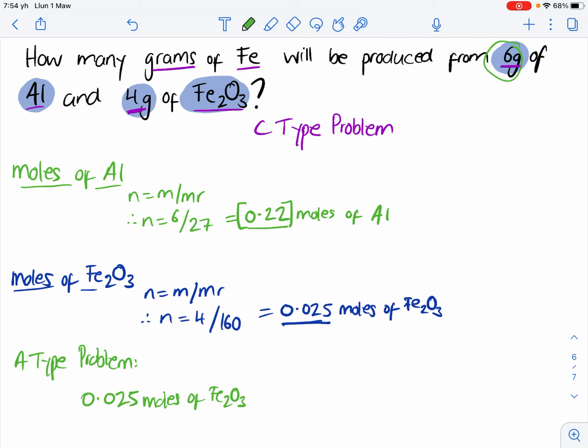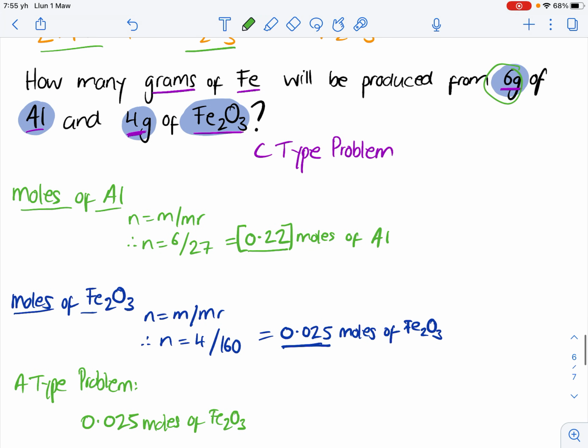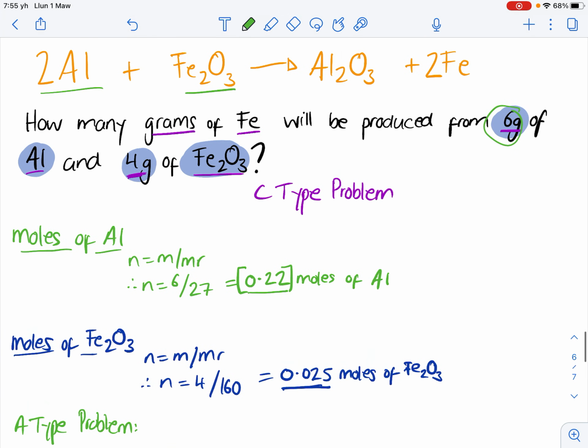So in this case, if I have 0.025 moles of iron oxide, how many moles of aluminium am I going to need to react with that number of moles? And why am I talking about aluminium? Because if you see right back here at the beginning of the reaction, iron oxide reacts with aluminium, okay? So the question is, if I have 0.025 moles of iron oxide, how many moles of aluminium is that going to correspond to? So, again, this is an A-type problem.